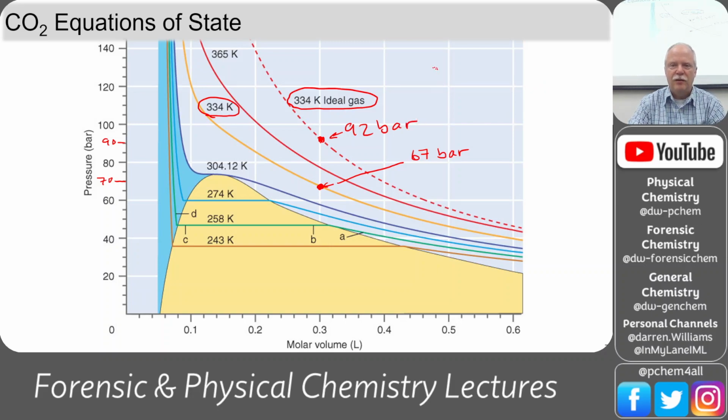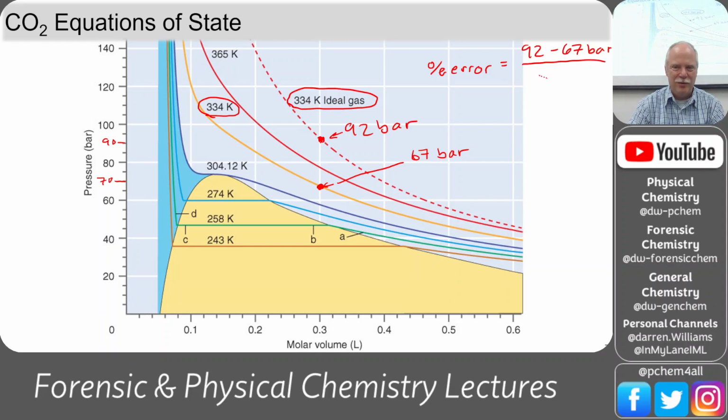So what's our percent error? We'll take 92 minus 67. And then what do we divide by? We divide by the more accurate one, okay?